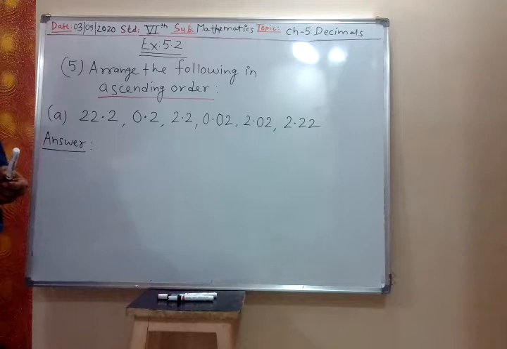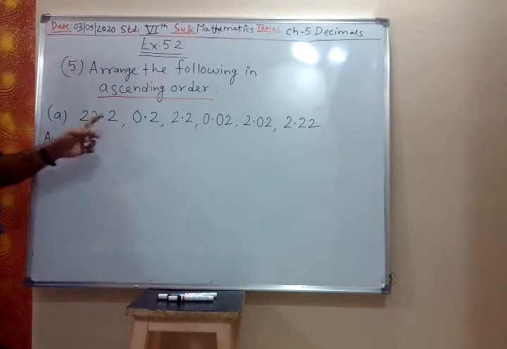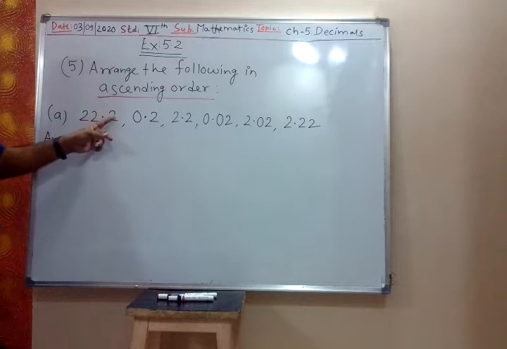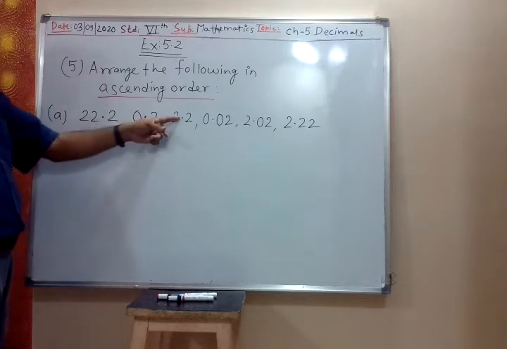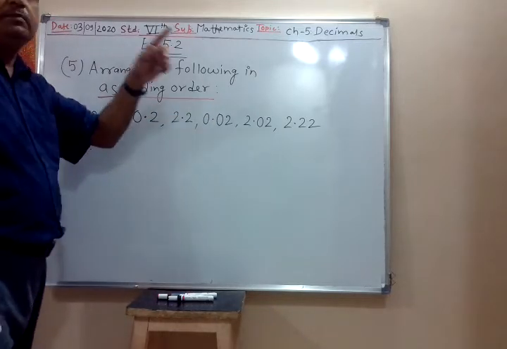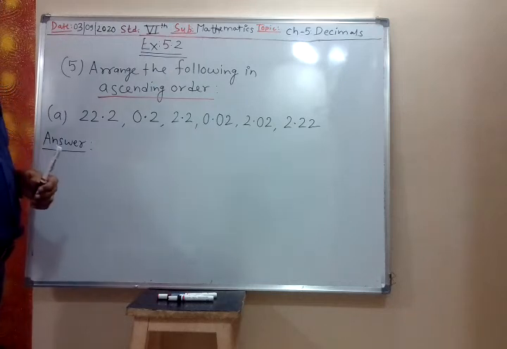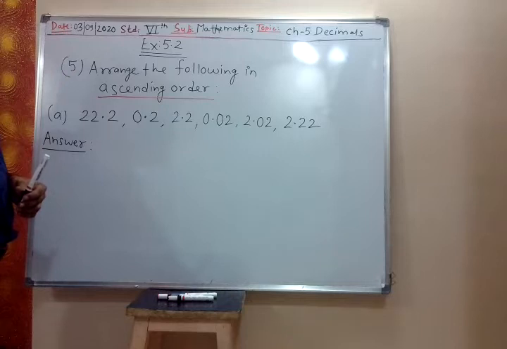Now how do we identify whether they are like decimals or unlike decimals? We count the number of digits after the point. If the number of digits after the point is the same, they are like decimals.